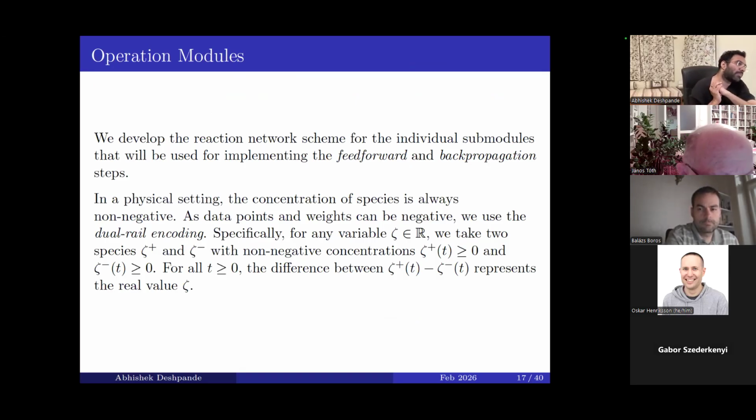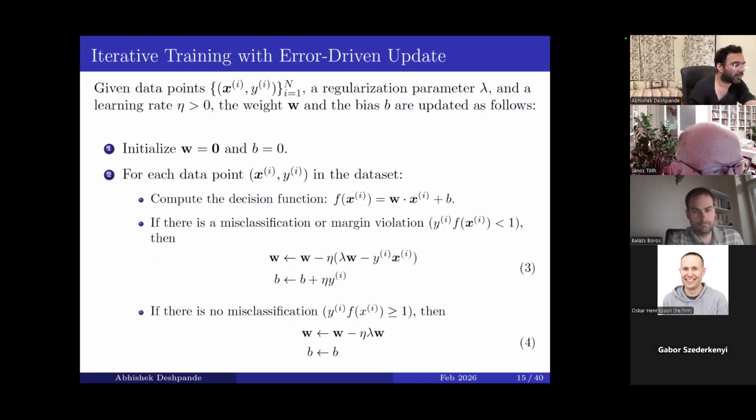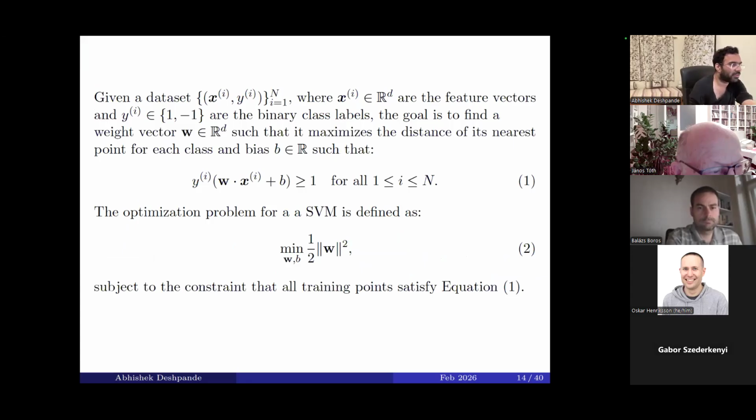And we are going to develop a reaction network scheme for the individual submodules that will be used for implementing two things. So we'll be using what is called the feed-forward module and the backpropagation module. So let me explain what feed-forward means. Feed-forward means that we need to compute this quantity y times (wx plus b), right?